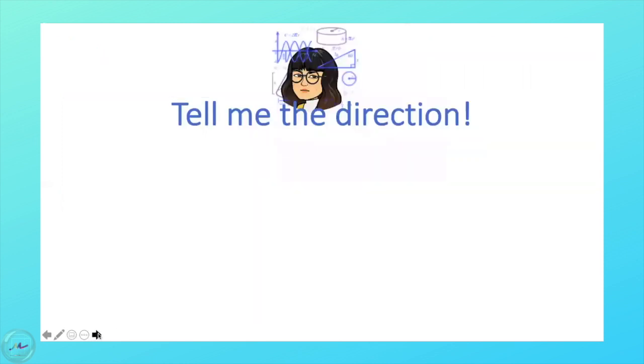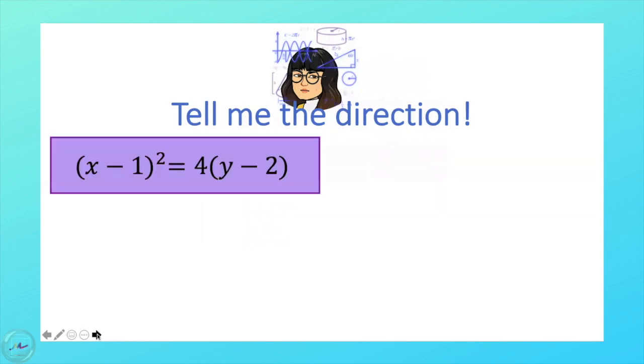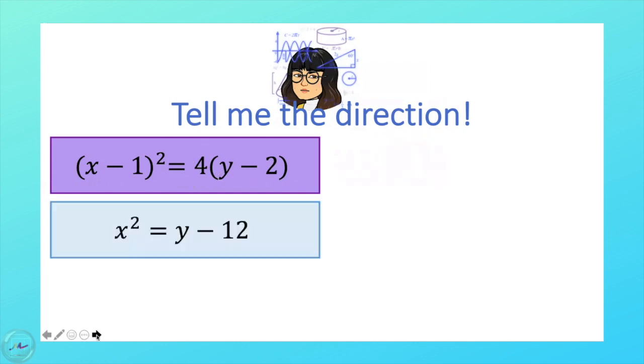And here is a little exercise. Try to tell the direction of the parabola. Here in the violet one, we can see that x is squared, and in this part we have a positive sign. So that is a parabola that faces up. This one naman is still a parabola that faces up.